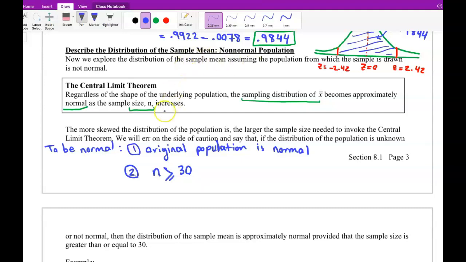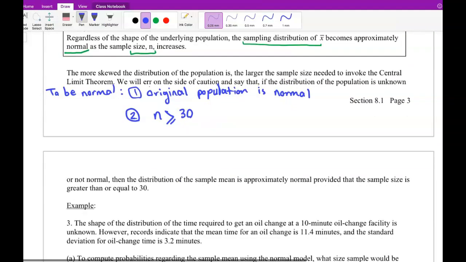Okay, we have that here. I think I have a typo here. Let me see. No, that's fine.